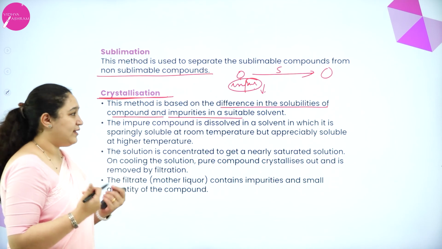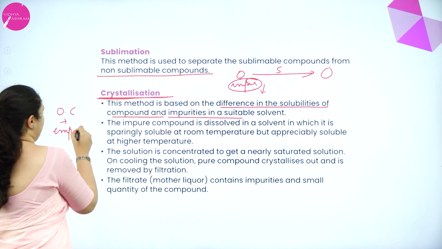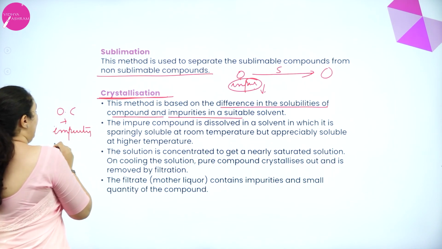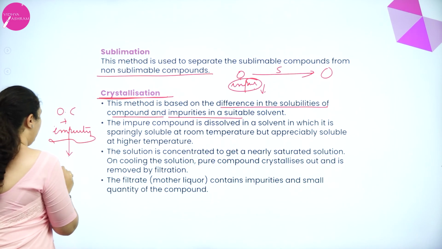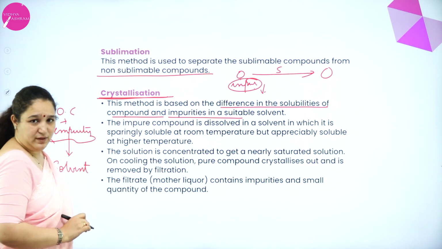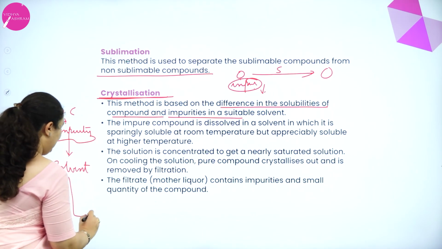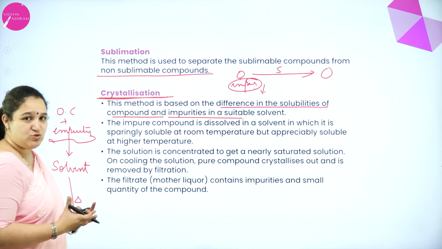Now, I'll take the organic compound plus impurity. I'll dissolve it in a particular solvent where both are dissolving. Then we will heat it and make it a saturated solution.